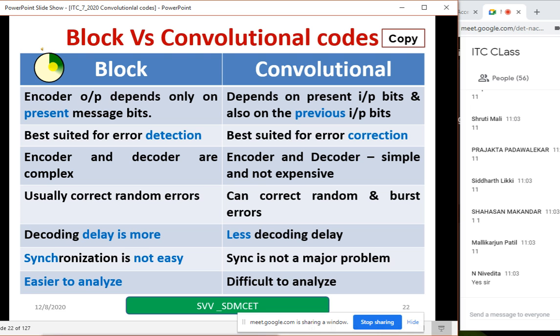Analysis is a little difficult in the case of convolutional codes. Decoding delay is more in the case of block codes, and it is very less in the case of convolutional codes.